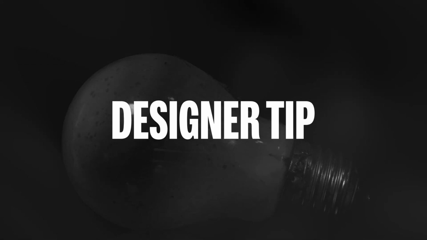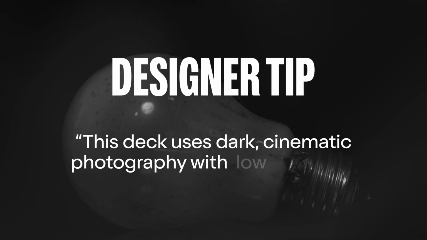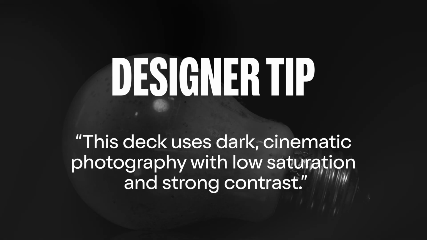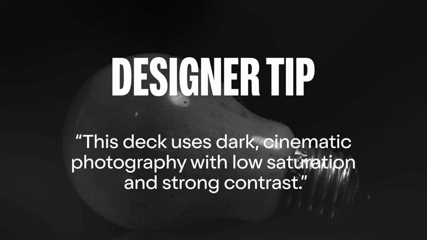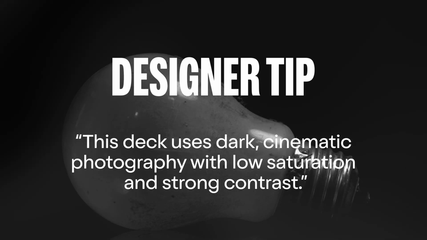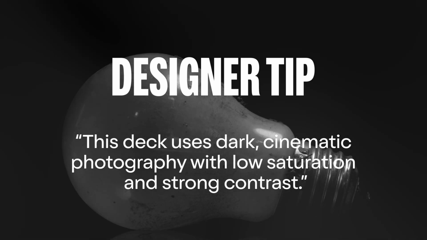Designer tip: create a visual rule before you build slides. Write it down. For example, this deck uses dark cinematic photography with low saturation and strong contrast. If an image doesn't fit the rule, it doesn't make the cut.